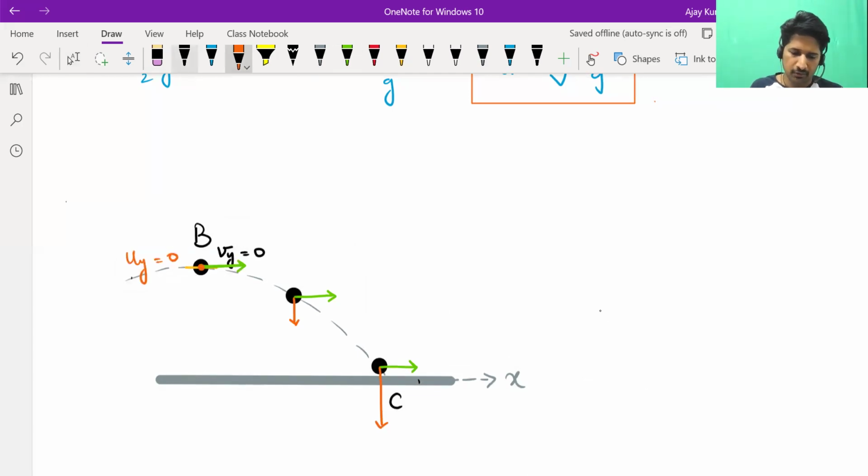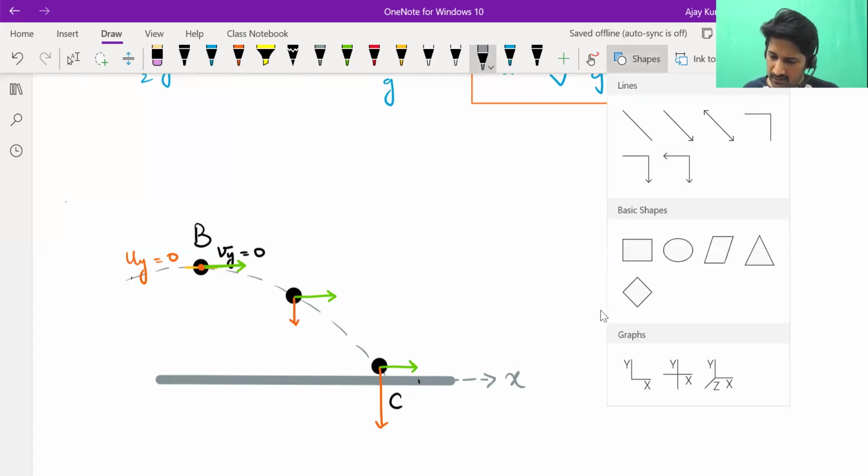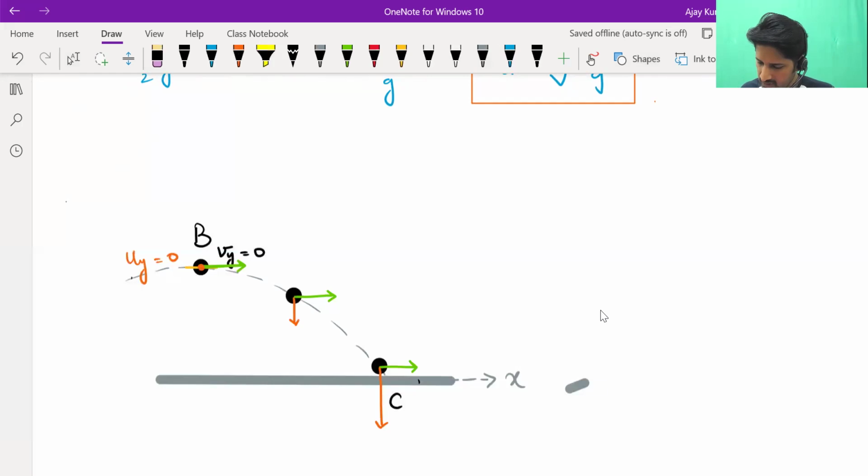So if you imagine only the motion in the vertical direction, only motion in the y direction, it's effectively like this. At this point, the object did not have any velocity.